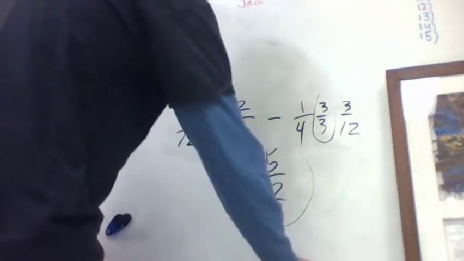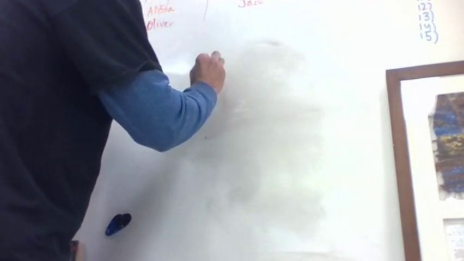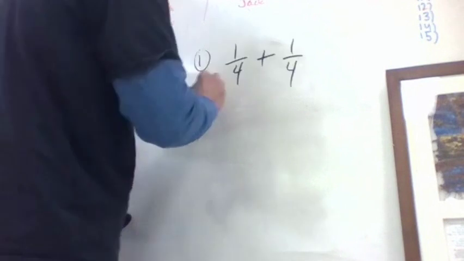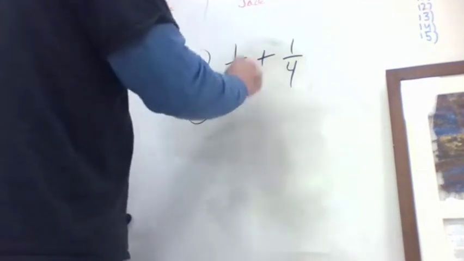Okay, now you're going to do a few. You got 4 problems to do on your own, please. All right, here, 1. Let's do 1/4 plus 1/4. You're going to use a blank piece of paper and then put your name on it and then do these 4 problems.